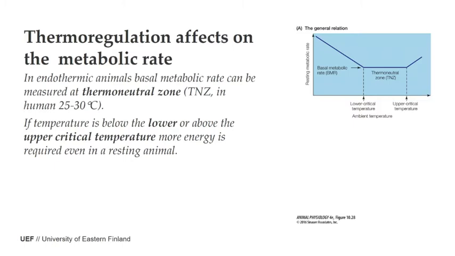If we go to 35 degrees Celsius, it's again higher. So if the temperature is below the lower critical temperature or above the upper critical temperature, the metabolic rate is increased.